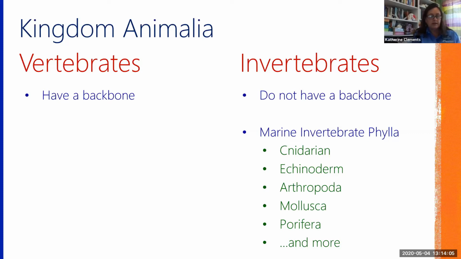The next one is mollusca. And then our last group is porifera. That's another fun word to say. See if you can say it, porifera. And there's even more phylum of marine invertebrates, but these are the 5 that we're going to talk about now.